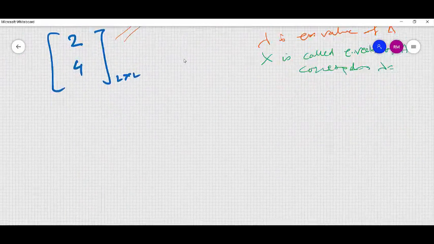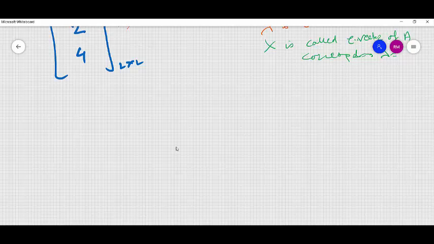Suppose we take the same matrix A, that is [4 -1; 2 1] ... and [4 -2; 2 1].